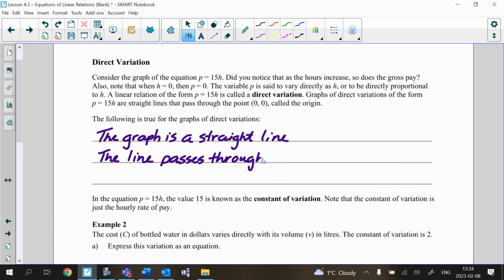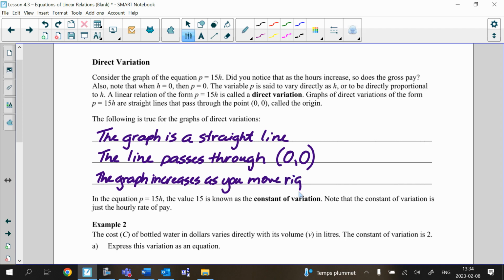And the graph increases as you move right on the horizontal axis. If it meets all those conditions, it's a direct variation.